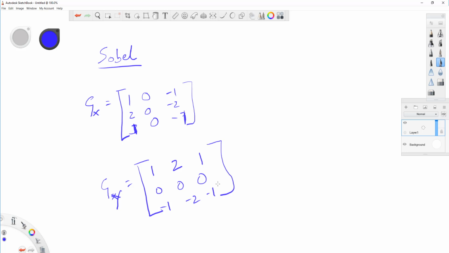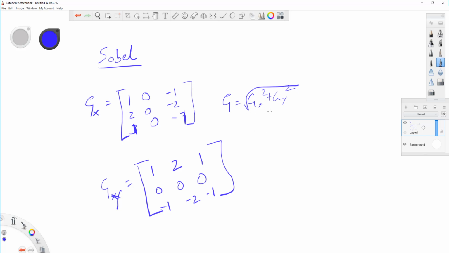This is it. Of course, our actual final implementation is the magnitude, gx squared plus gy squared, just exactly as before, and this is your magnitude. You can also calculate the gradient direction.